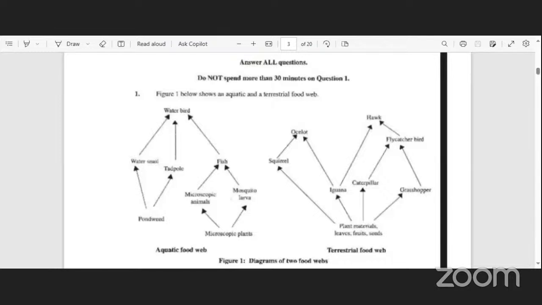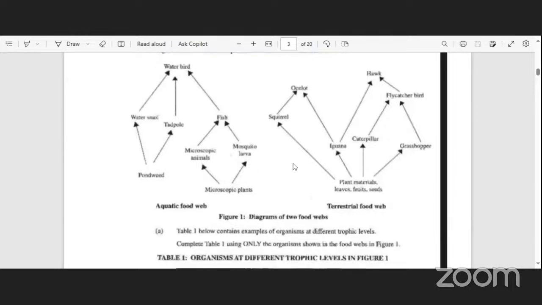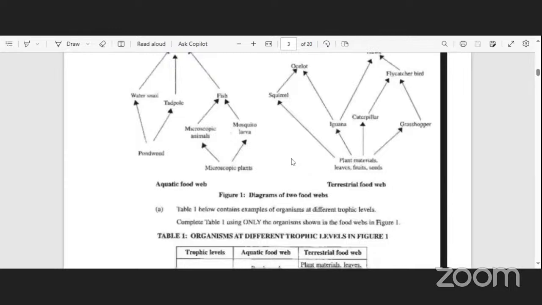Okay. So are we able to see the different types of food web? No comment? All right, I'll take that as a yes.